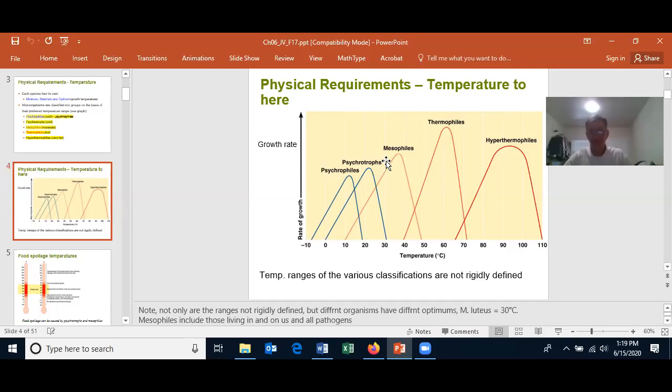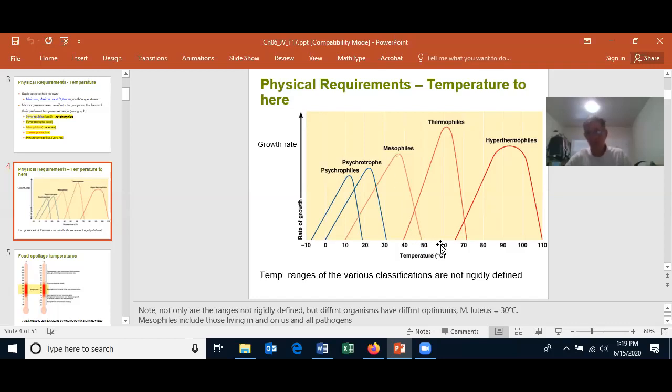So this would be where the highest part of the peak would be for a mesophile growing on your skin. Any question about that? What I'm trying to say is exactly where this peak is will shift a little bit. It's not set in stone. For the average mesophile, though, the average would be 37 degrees. Any question about that?